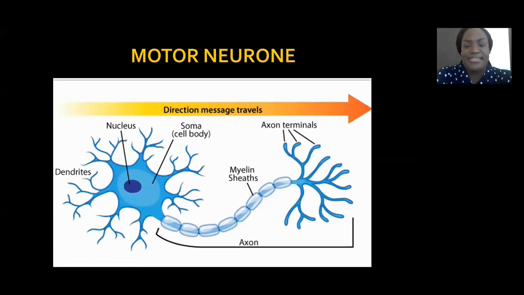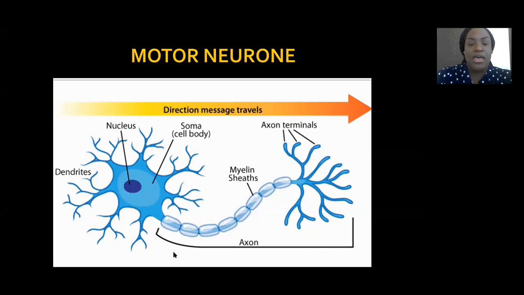Okay, this is the motor neuron. If you look at this neuron, you will see that it looks completely different from the sensory neuron. I actually want to pause here and find out from somebody who can tell me, what is the major difference or something that stands out to you?